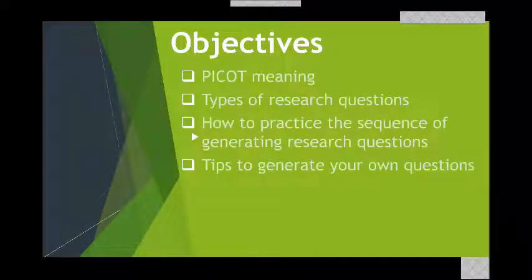My objective in this talk is to describe the meaning of the acronym PECOT, what the types of research questions are, and how to practice the sequence of generating a research question. Hopefully at the end, I'll give you some tips and we'll do some practice.